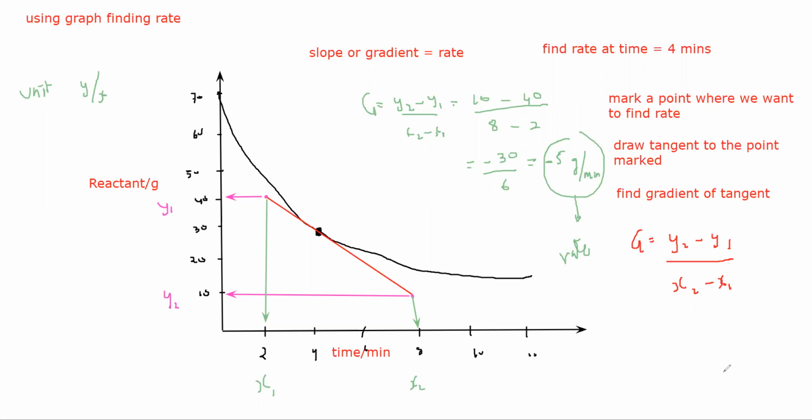Take the screenshot. This is if a change in reactant with respect to time was given, then you can draw a tangent and find the gradient.